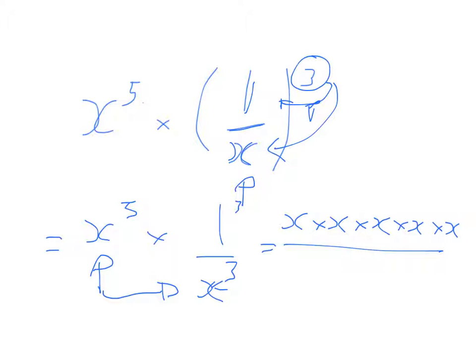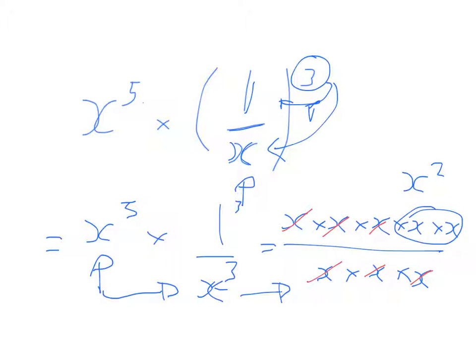And on the bottom, we've got x times x times x. That's the x cubed. So we've got 5 x's on the top, multiplied together, not added, 3 x's on the bottom, multiplied together. So effectively, with cancelling down, I can cancel that x and that x, that x and that x, and that x and that x. And what are we left with? We're left with just 2 x's multiplied together at the top, which is just x squared.